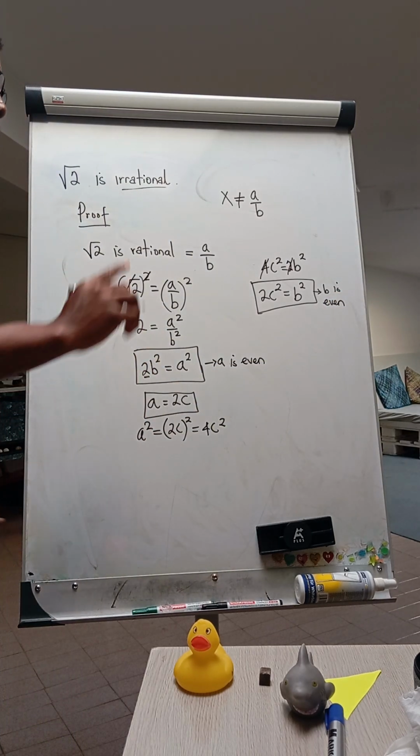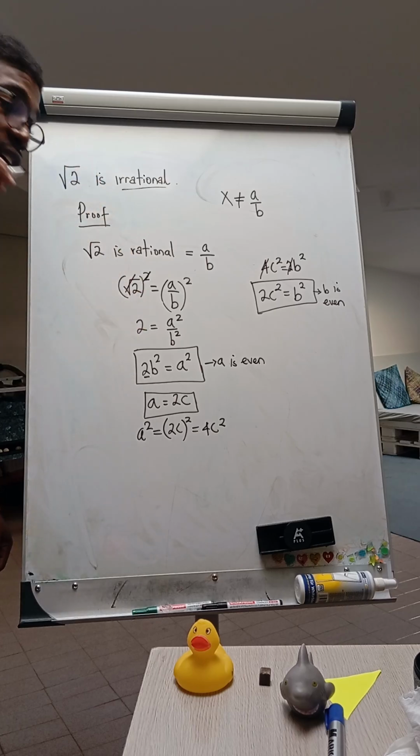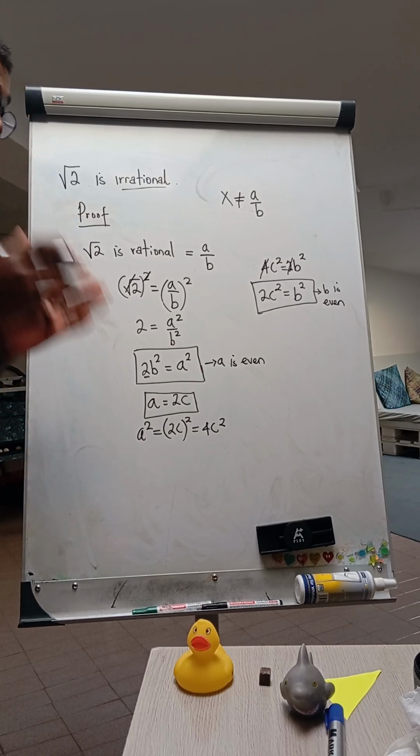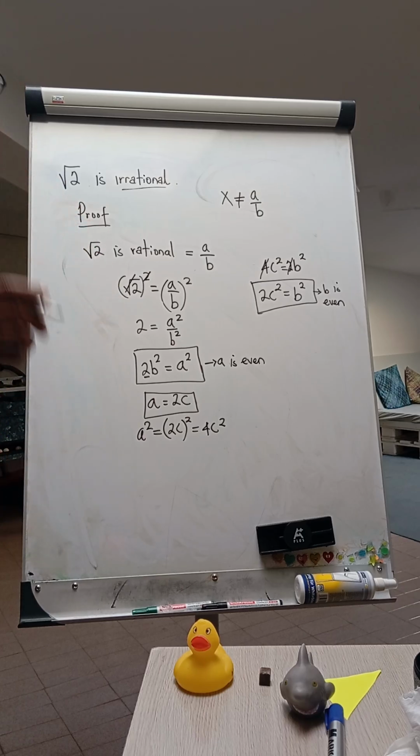But remember, from the onset we assumed that the square root of 2 is rational and has been reduced to its lowest form of rationality, for example 1 over 2.